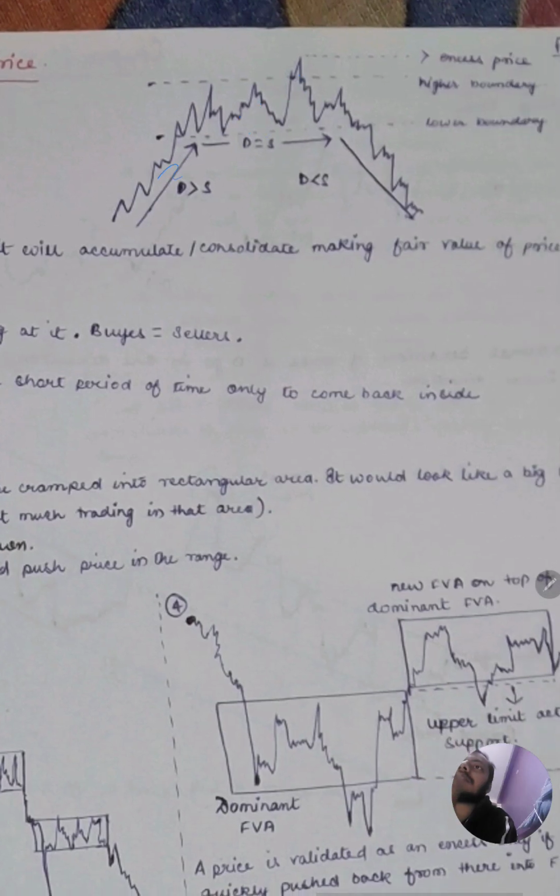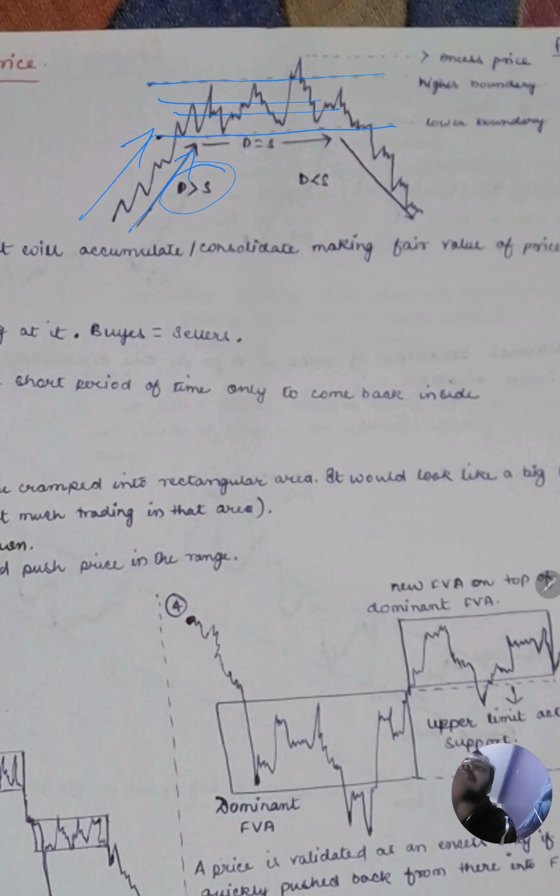here, when price was going up, we can see demand is greater than supply. At this time people were demanding this instrument, and so its price kept on going up. When it came into this area, we can see that it is a horizontal area, and there are two boundaries we can draw.